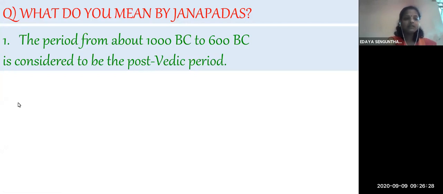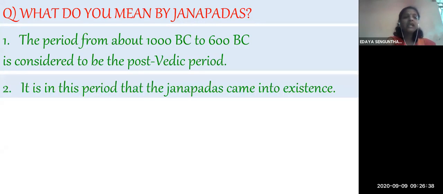So it was the post-Vedic period, means after the Vedic period, Janapadas came into existence. From which period did Janapadas come into existence? Remember, 600 to 1000 BC.